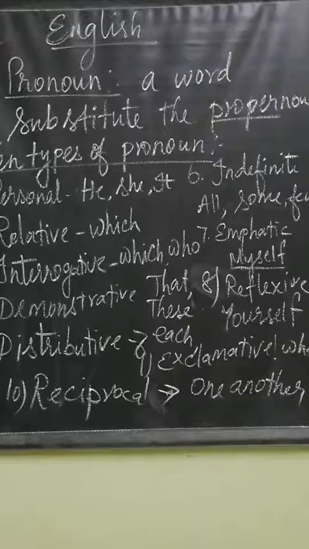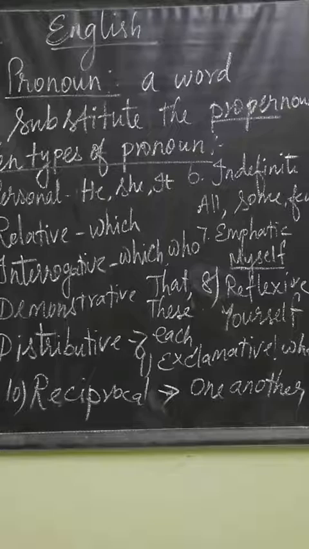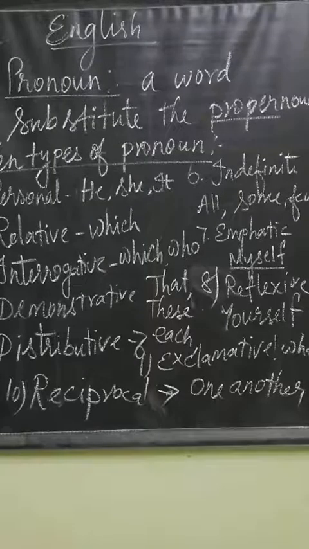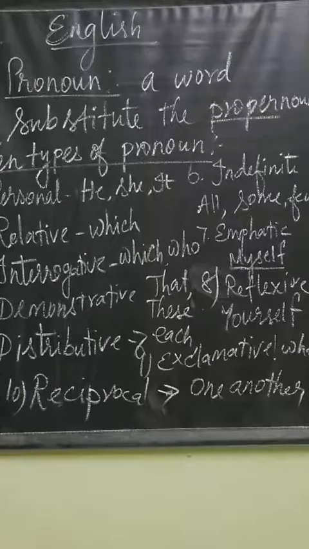So each one of us wants to get. While we are talking about each, every and other things, it is called a distributive pronoun. And indefinite, I told, we are not particularizing. If we say it in a group, all of us, some of them, if we are not particularizing a singular, we have to use the indefinite pronoun.